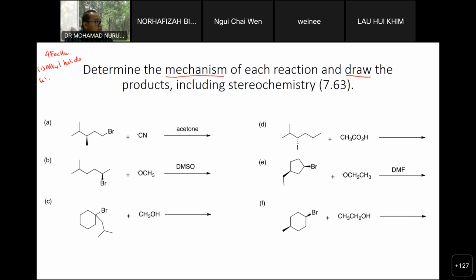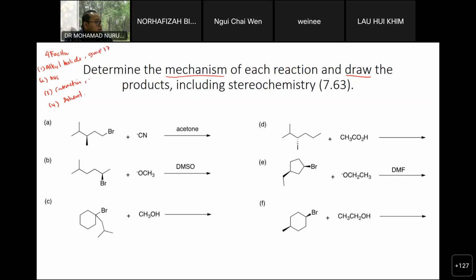The second one is nucleophile. The third one is alkyl halide, carbocation. The fourth one is solvent. For the alkyl halide: primary, tertiary. This alkyl halide is group 17.